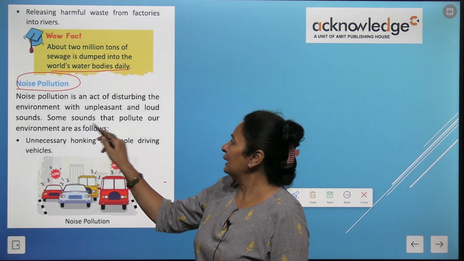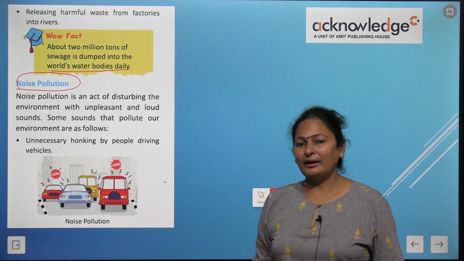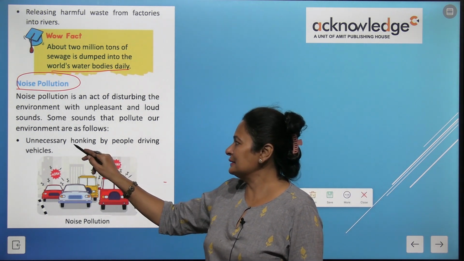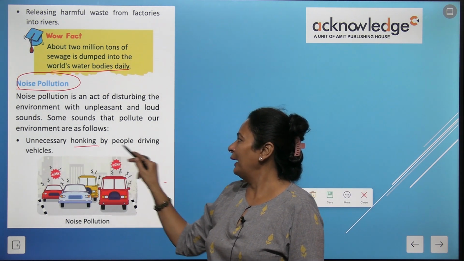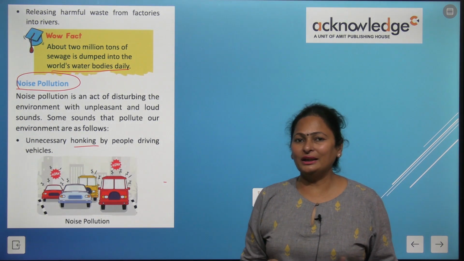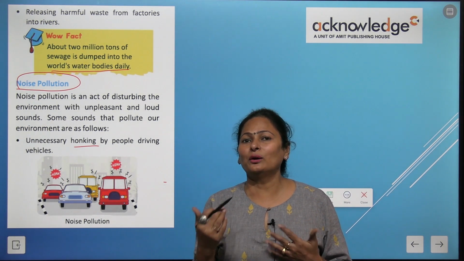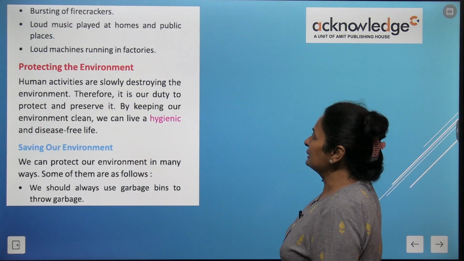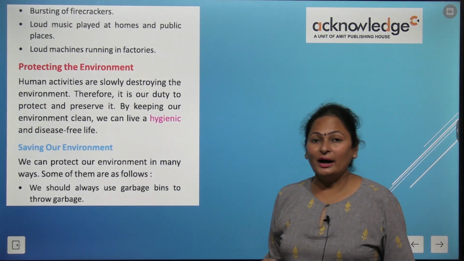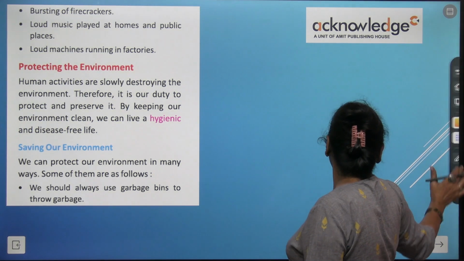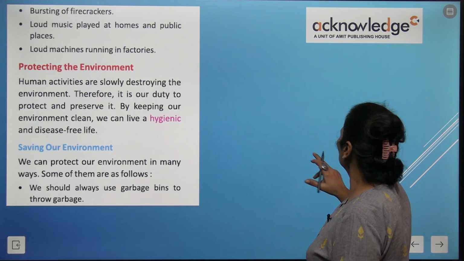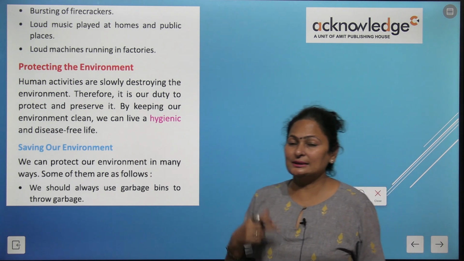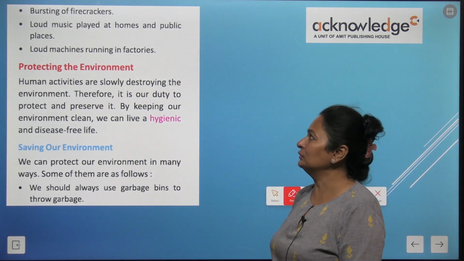Let's see. Some sounds that pollute our environment are as follows: unnecessary honking by people driving vehicles, unnecessary unpleasant sound by the vehicles. Bursting of firecrackers. Bursting of firecrackers is leading to noise pollution as well as air pollution.